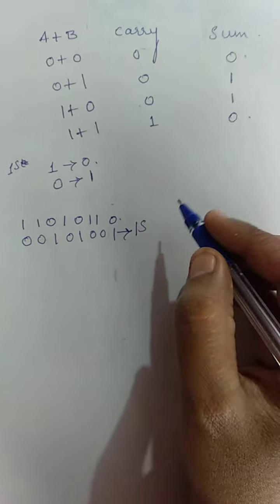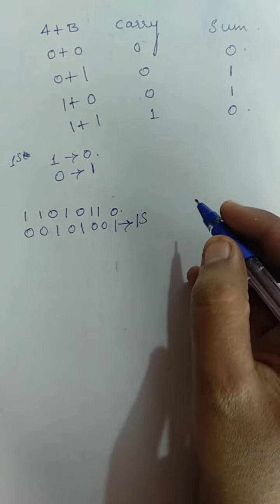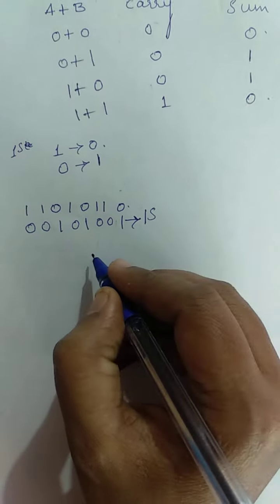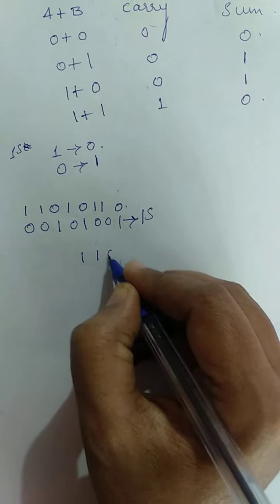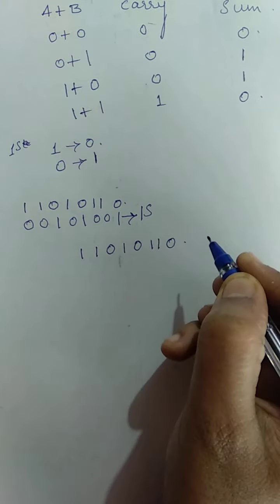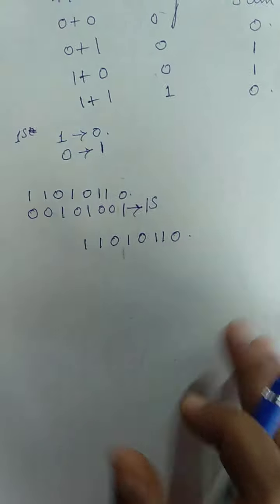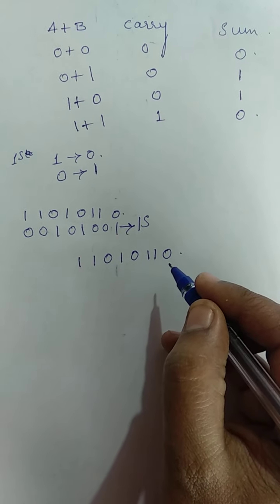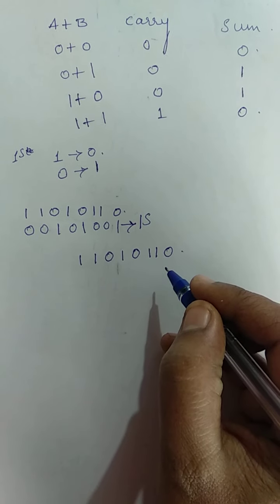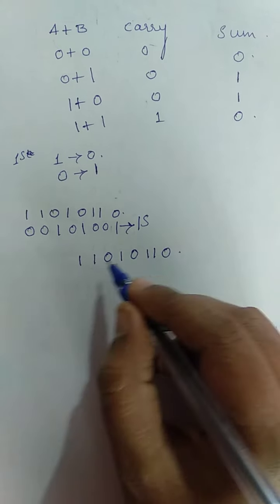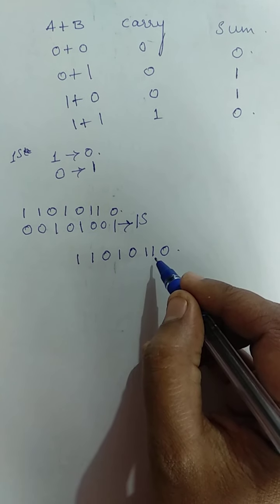If you want to solve for 2's complement, take this example only: 1 1 0 1 0 1 1 0. Before you go for the 2's complement, you need to write the 1's complement for the given question.